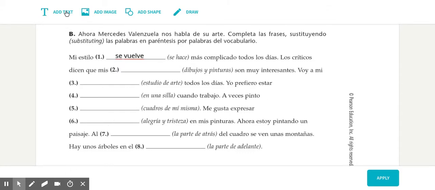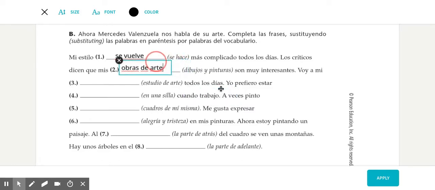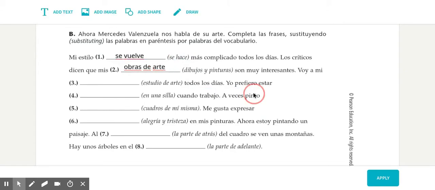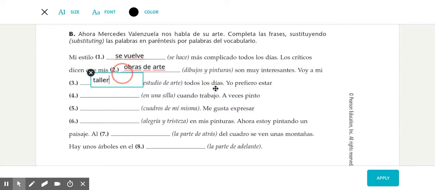Well, drawings and paintings are works of art, right? Que mis obras de arte. Seems like the best. See how that would fit? Voy a mi estudio de arte, art studio. Our vocabulary word was taller, ¿verdad? Voy a mi taller todos los días.